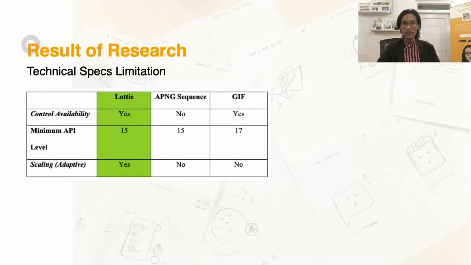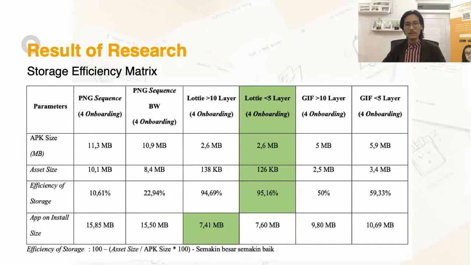And the second result of research is the storage efficiency metric. We choose 4 parameters. The first is application size, the second is asset size, the third is efficiency of storage, and the fourth is application installed size. In application size, asset size, and efficiency of storage, Lottie is the most powerful.